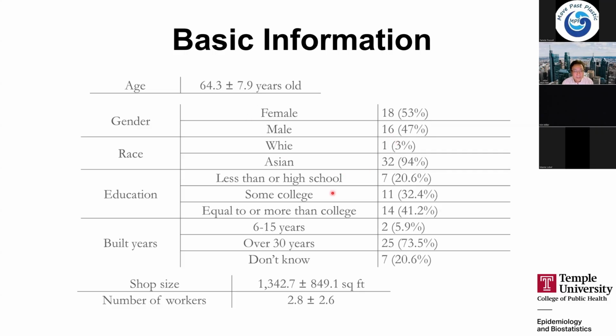In our study, participants, as you see here, are about 70% highly educated, and their shop size is about over 13 square footage, and the number of workers is fewer than 3 people per shop. Usually at a dry cleaning shop, the husband and wife work together, so less than one additional employee works for each individual shop.